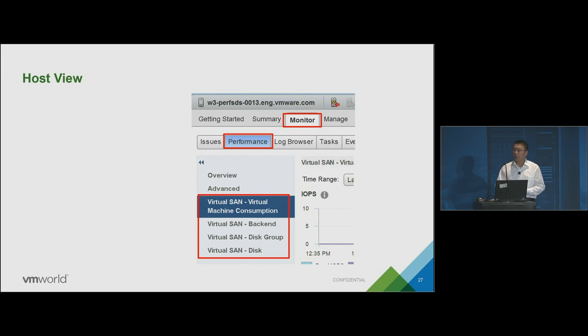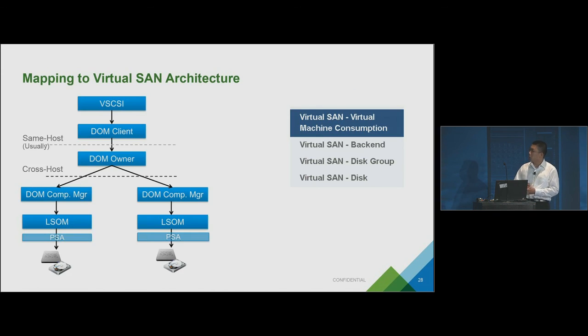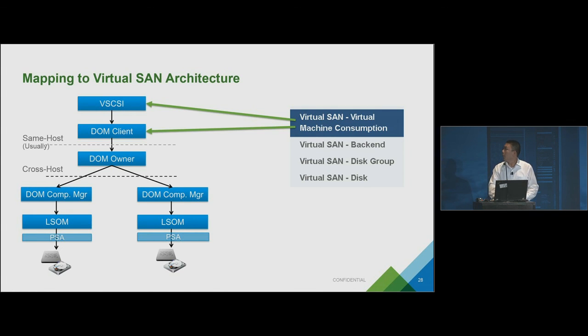Over there, there are 4 layers available for performance metric data. All the common metrics are collected for these 4 layers, and some advanced metrics are collected for the Virtual SAN disk group layer. Each of these layers also maps to 1 or 2 layers in the Virtual SAN architecture. For example, virtual machine consumption maps to the vSCSI and DOM client layers.